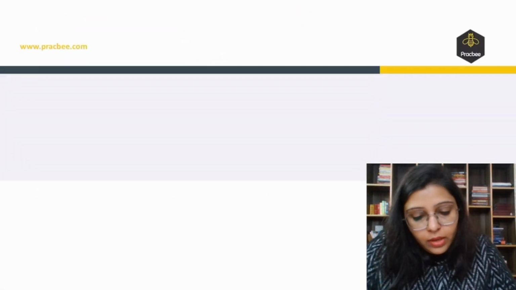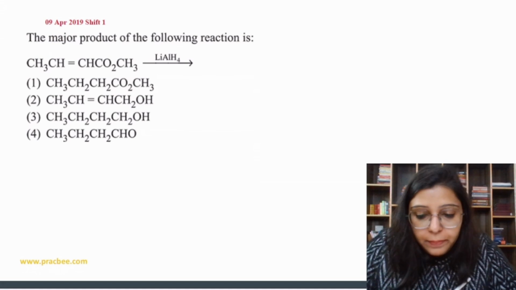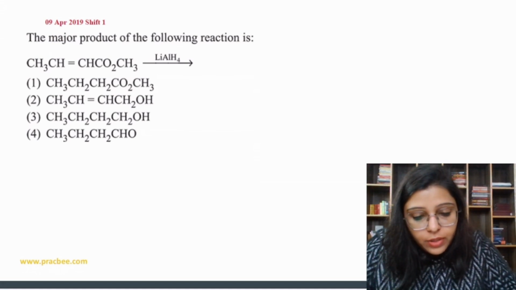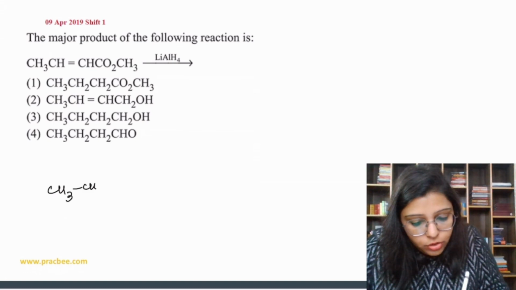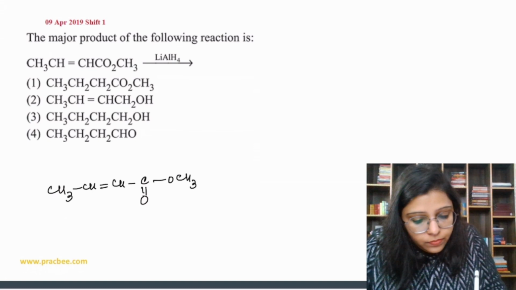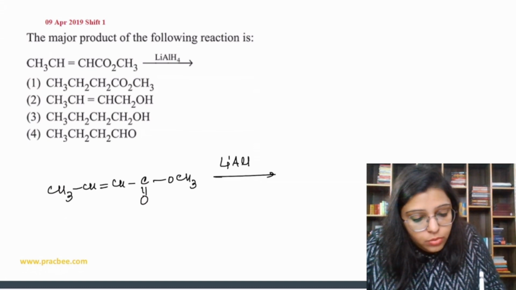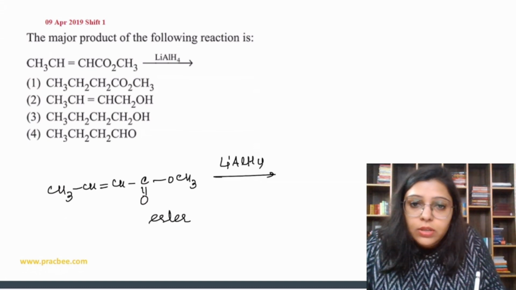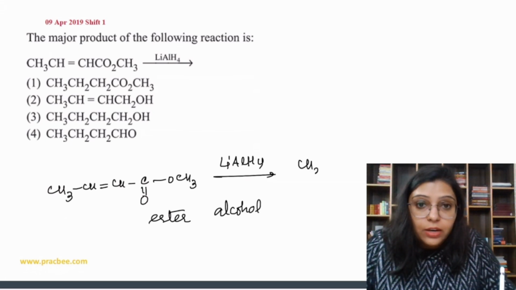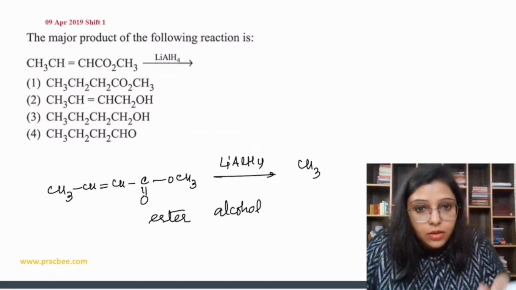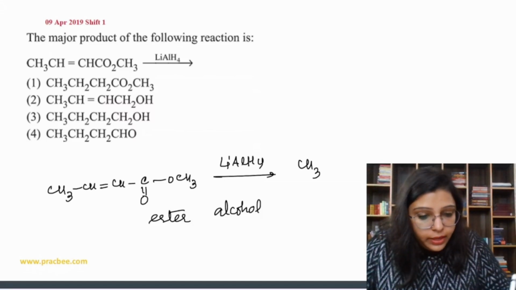Next, the major product of the following reaction is. We have CH3, CH double bond CH, and this is C double bond O and OCH3. LiAlH4 reduces esters to alcohol, right? So what do we write here?